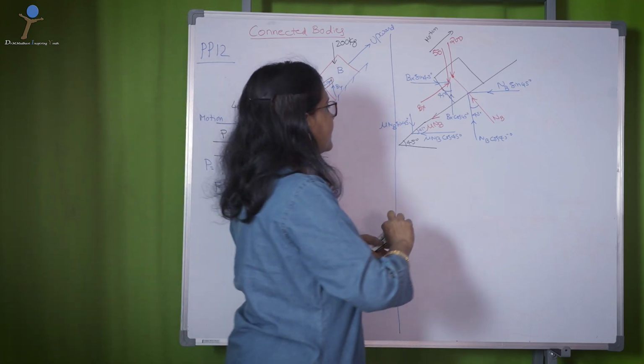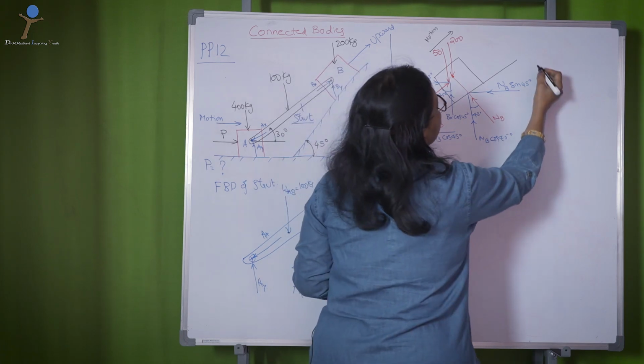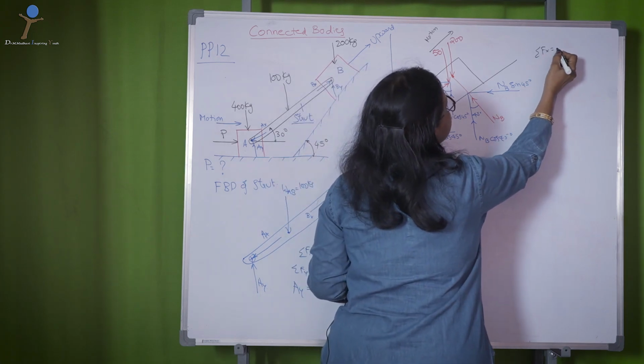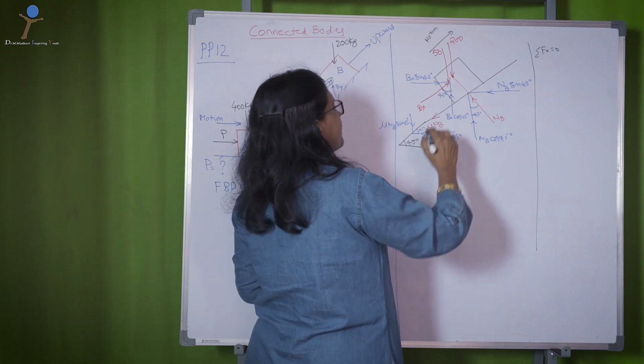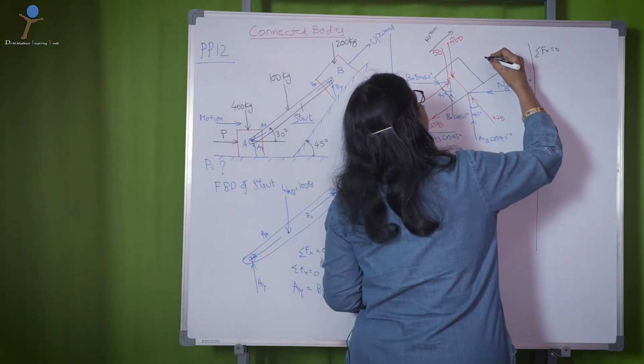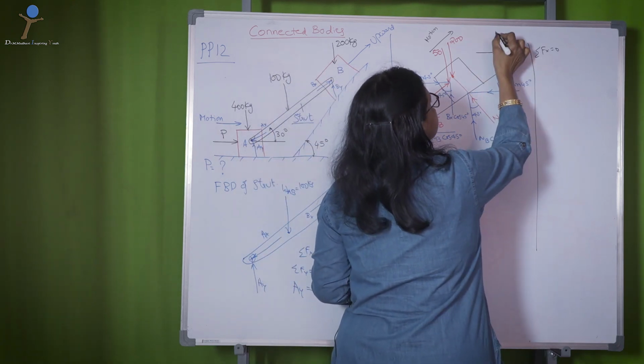So, these are the forces that are acting on the object which is having 200 kg weight. So, again write down the equilibrium equation, sigma Fx equal to 0. My axis is this and this.